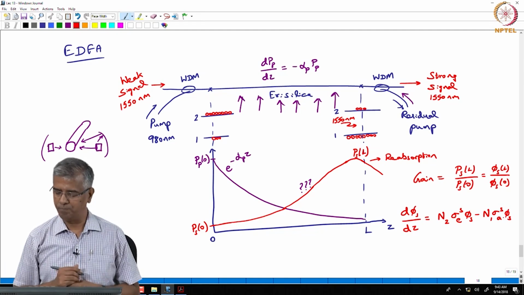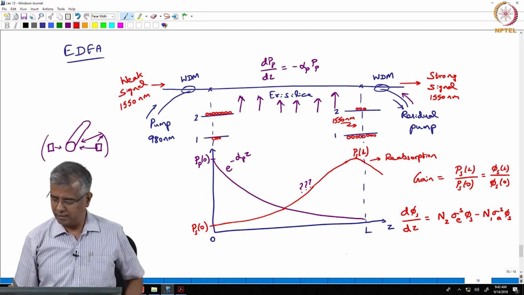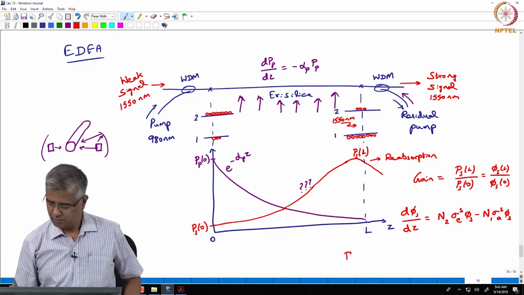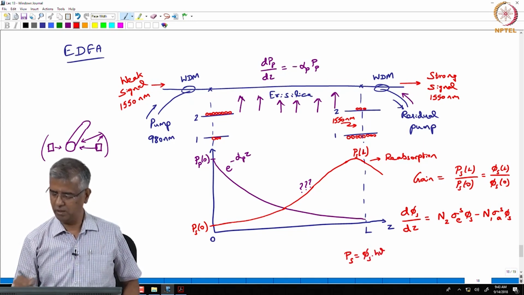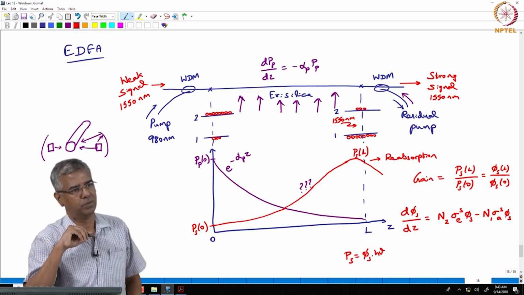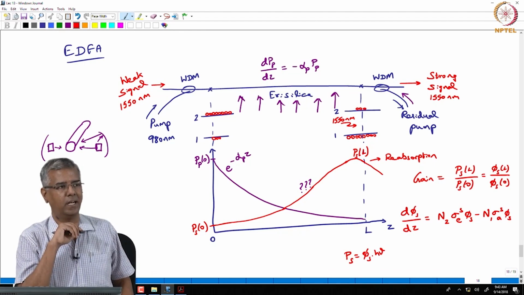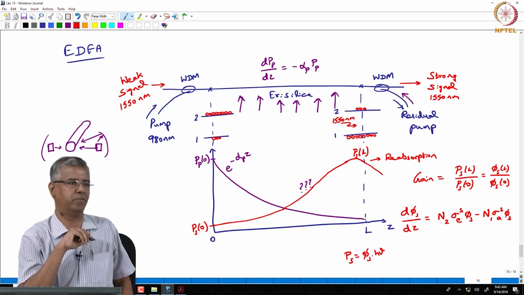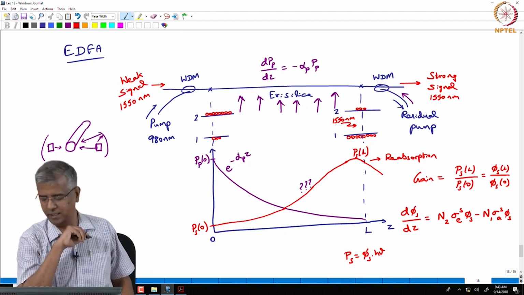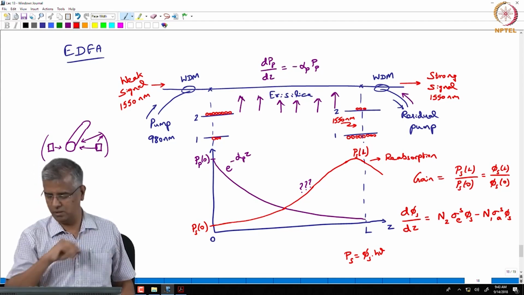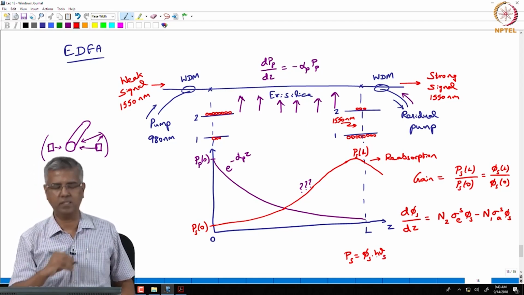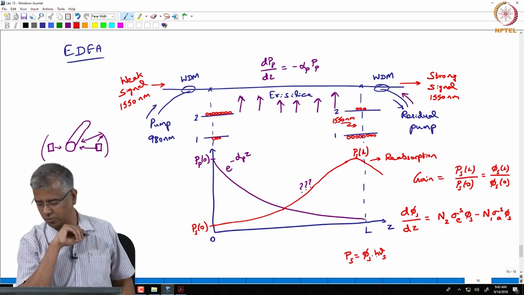Since I can write Ps as phi s multiplied by h nu, energy over time is power, and flux is 1 over time, in 1 over second. So h nu is h nu s, because that corresponds to the signal photon.